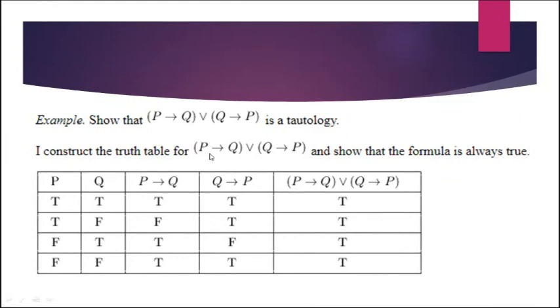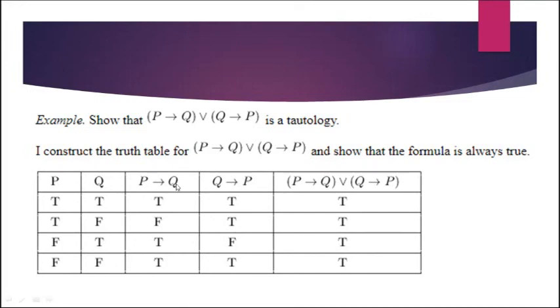Here is our problem: P implies Q or Q implies P. Again, we have two variables, P and Q, so we have 4 rows: 1, 2, 3, 4. True, true, false, false, and true, false, true, false. First requirement, P implies Q. That is the conditional statement.